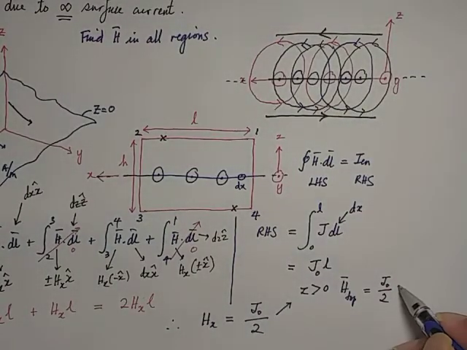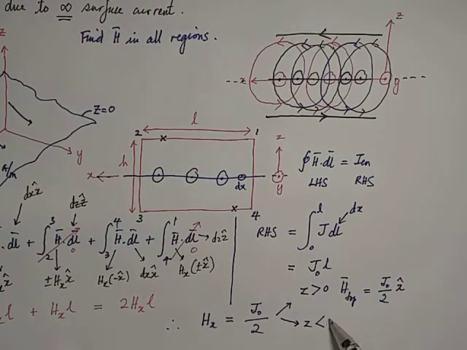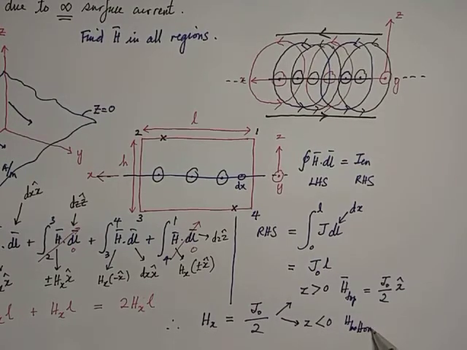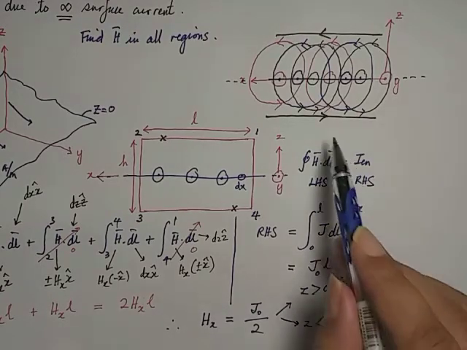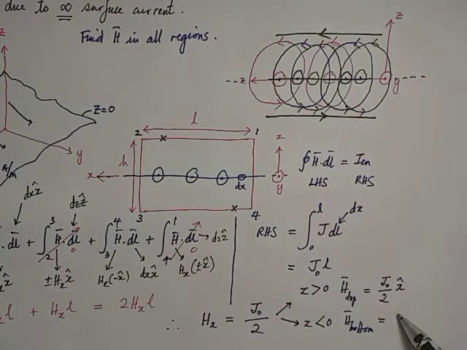Good, positive x. And for z smaller than 0, the H bottom, you can see from the diagram what the solution should be now. Good, magnitude wise the same, J naught over 2, but the direction is negative x.